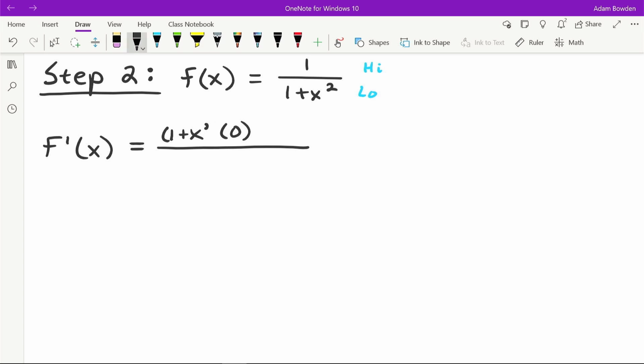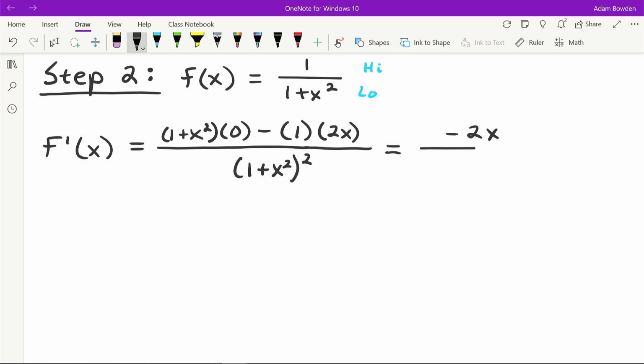So that's low d high minus high, which is 1, d low, which is 2x, all over the square of what's below. Well, that's kind of cool because the numerator just simplifies to just negative 2x over (1 plus x squared) in parentheses, all raised to the second power. So that's our first derivative.